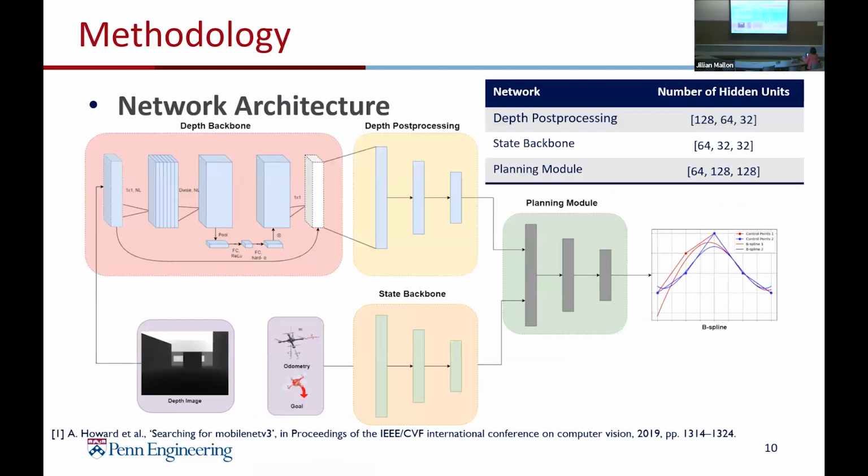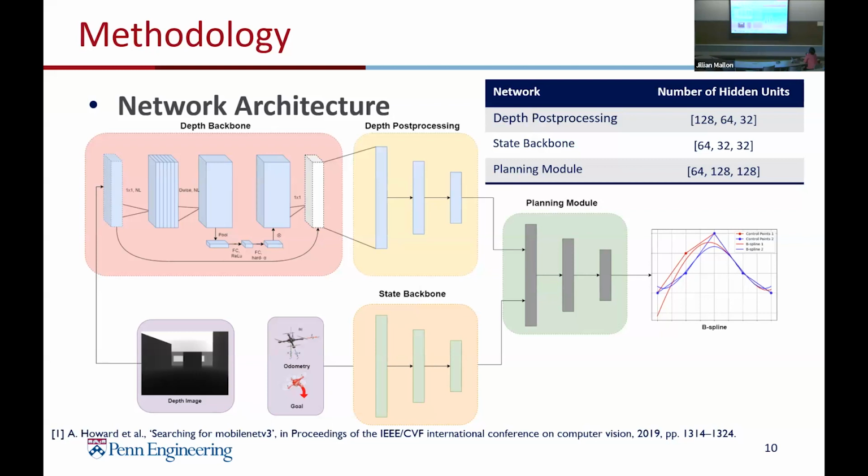For the network architecture, it takes a depth image and a concatenation of odometry and goal as input. The two different types of information are passed into different backbones for feature extraction. Then the extracted depth image feature embeddings and state feature embeddings are passed into a planning module, which is a 3-layer MLP. The network architecture and the number of hidden units are shown on the slide.